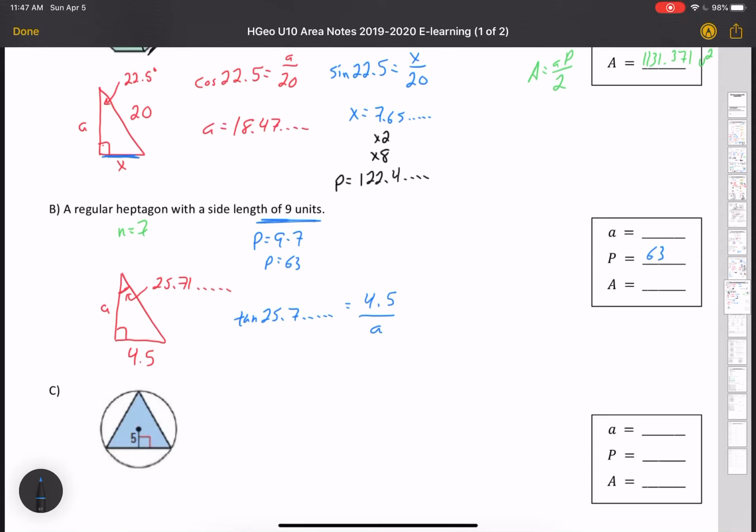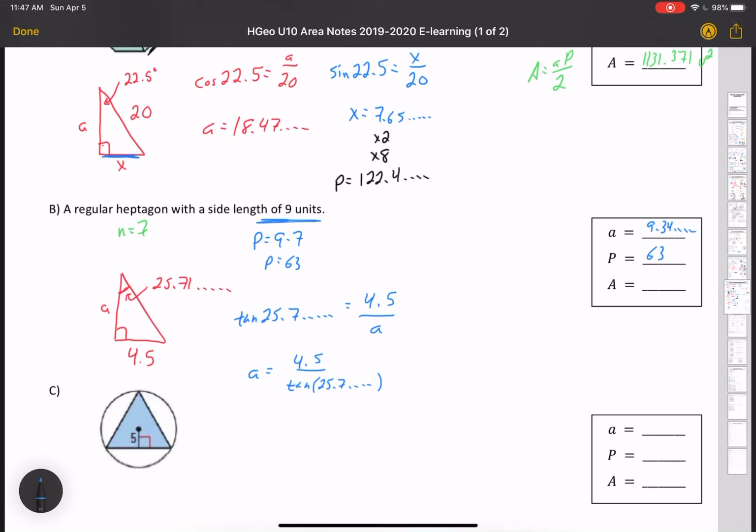After cross multiplying, what I'm eventually going to get is that the apothem is going to need to be 4.5 divided by this messy tangent number. I'm going to plug that into my calculator. 4.5 divided by tangent of that messy 25 point number. I'm going to get the apothem is 9.34, and so on.